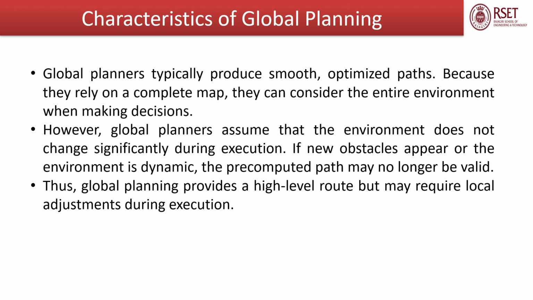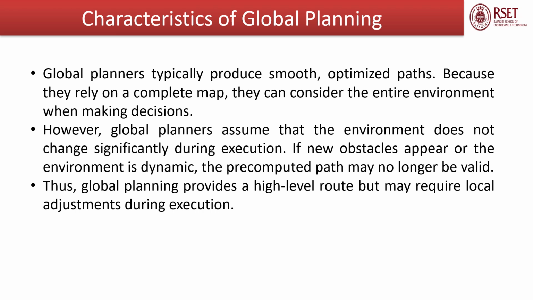Global planners generate optimized and smooth paths. Notice how the path considers the entire environment. It avoids obstacles strategically and often follows the shortest route. However, this approach assumes that the map remains unchanged during execution.